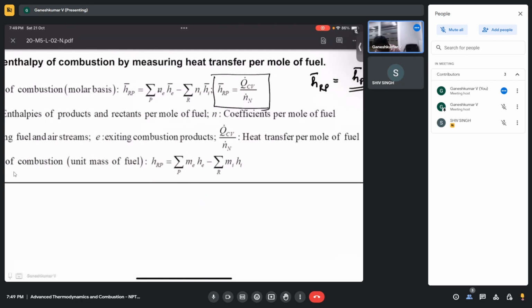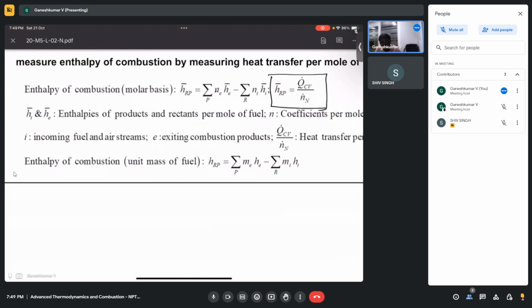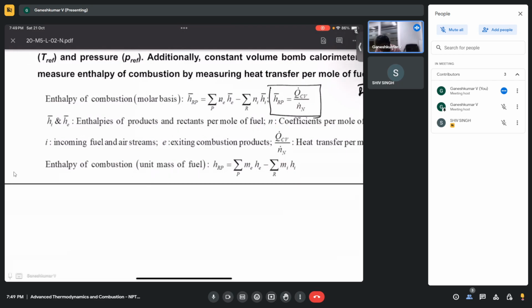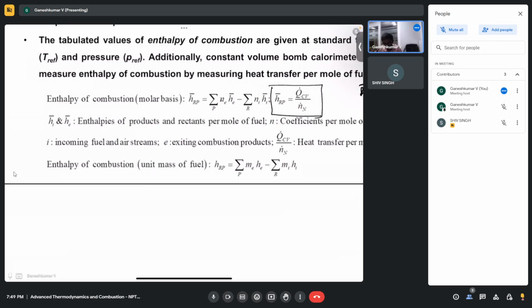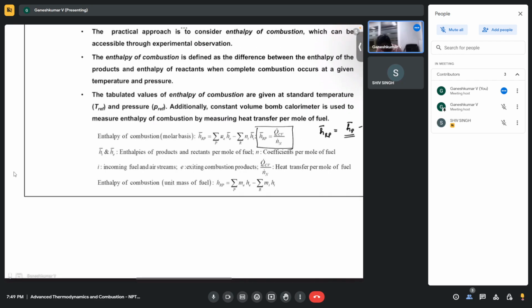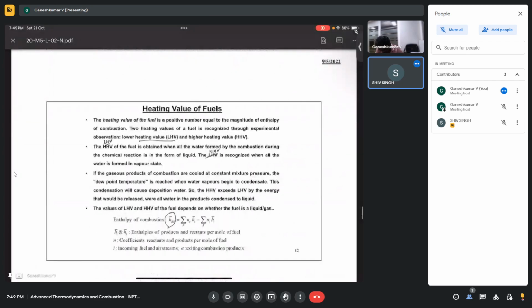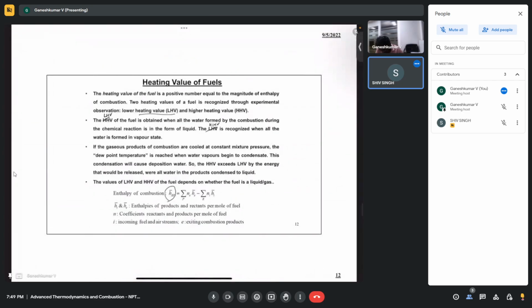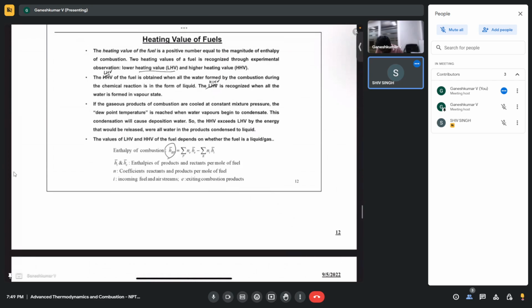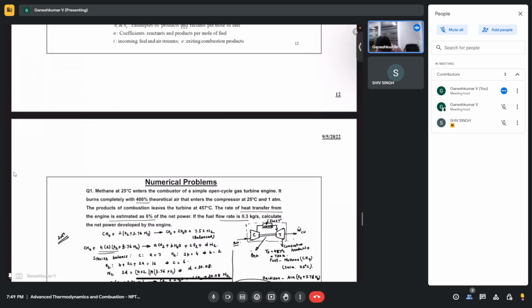This part, right? Heat or enthalpy of combustion. Enthalpy of combustion is products minus reactants. These are at the same temperature and pressure.